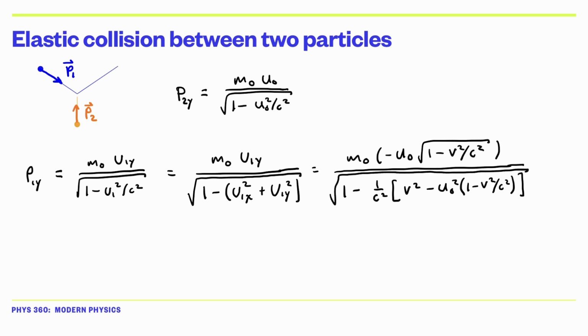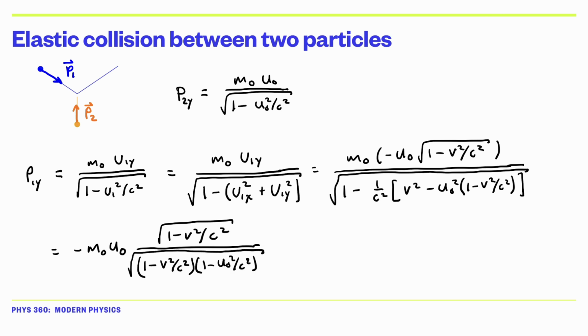So we plug in that u1x equals v, and u1y equals u naught times the square root of 1 minus v squared over c squared, and then we square each of those terms. So we can factor out a 1 minus v squared over c squared out of the bottom term.